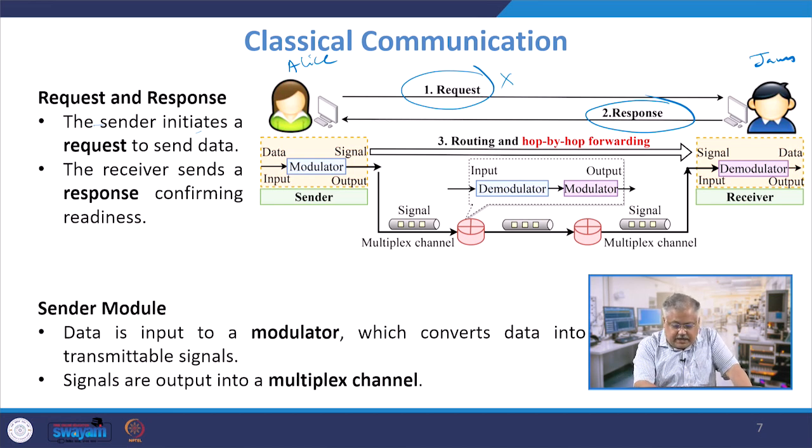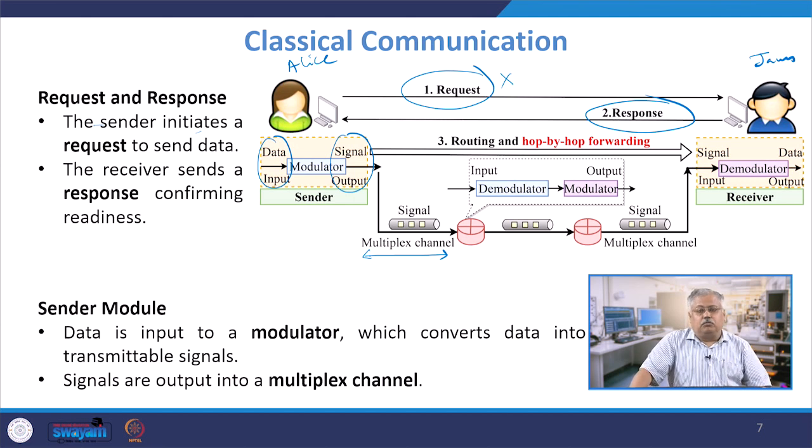If you go into slightly more detail, then typically on the sender side you have a modulator. You input your data and the modulator gives you a signal output. This signal output goes through a multiplex channel; you can send it through air if it is wireless, or through fiber optic if it is optical communication.